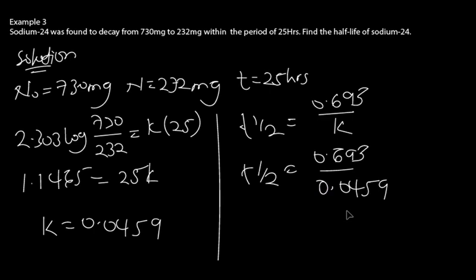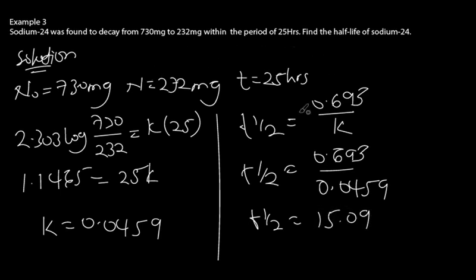If we input this into the calculator, we have 0.693 divided by 0.0459, and we get our answer, 15.09.